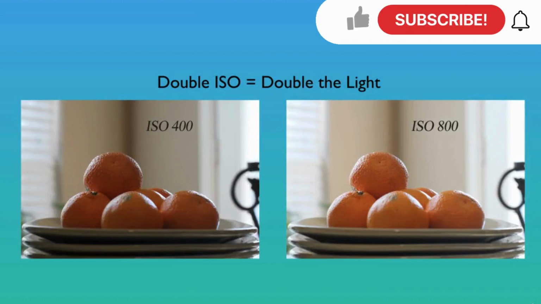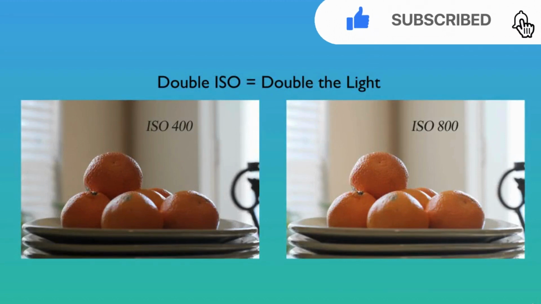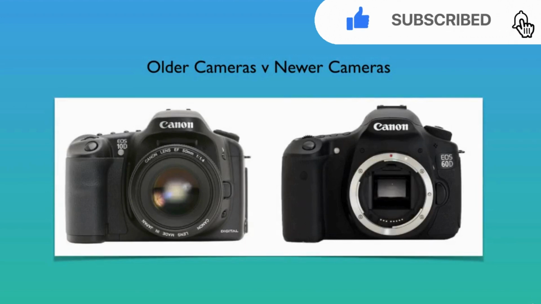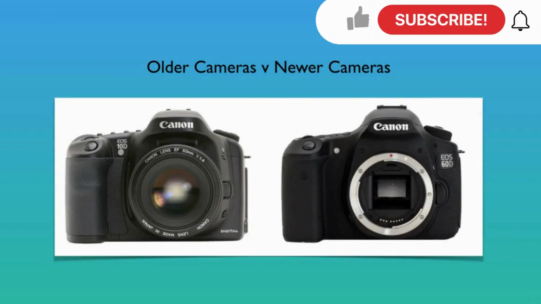When we double our ISO, we're literally doubling the light. You can see here from ISO 400, we doubled the light at ISO 800. Newer cameras or professional full-frame cameras that have a larger range of ISOs will handle higher ISOs better. Typically, your most important investment is with your lenses.